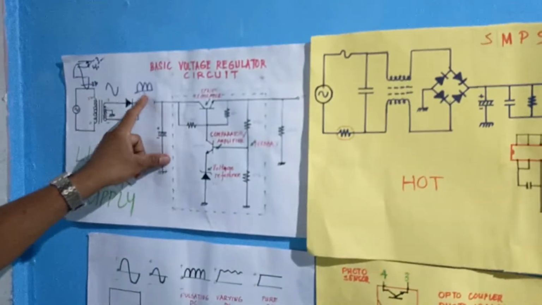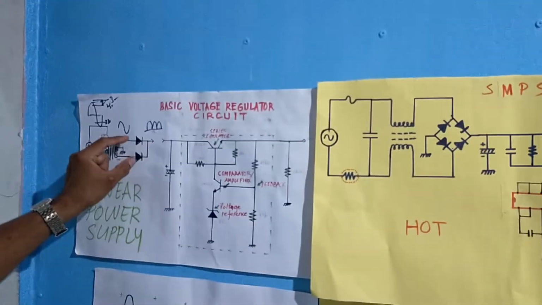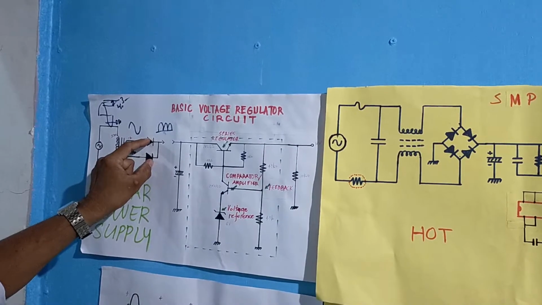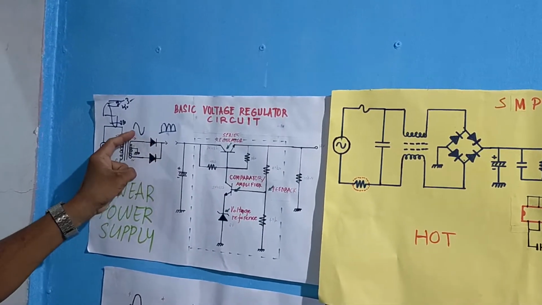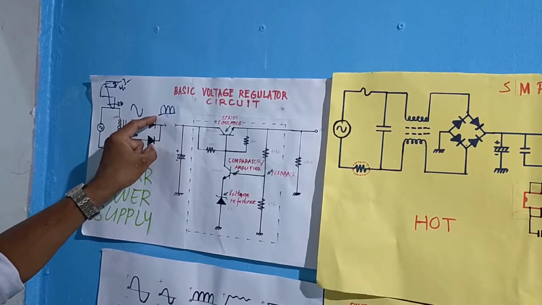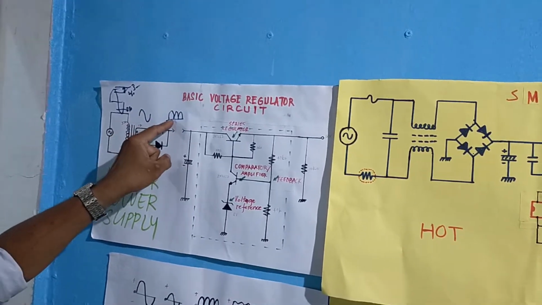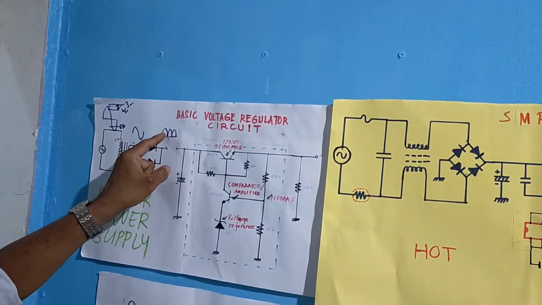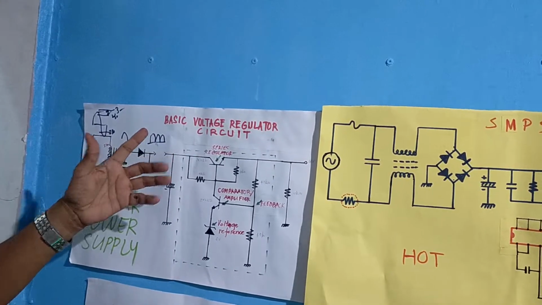Why? The frequency is doubled. Because this is full wave rectifier diodes, wherein the 60 hertz here is doubled at the output of this diode. Full wave. There are 120 pulses in 1 second.